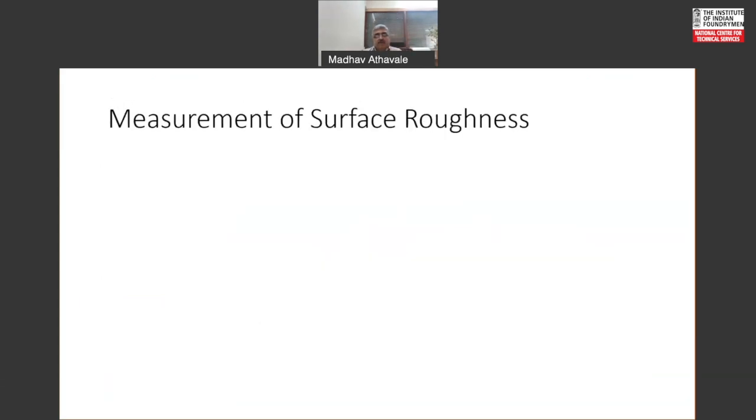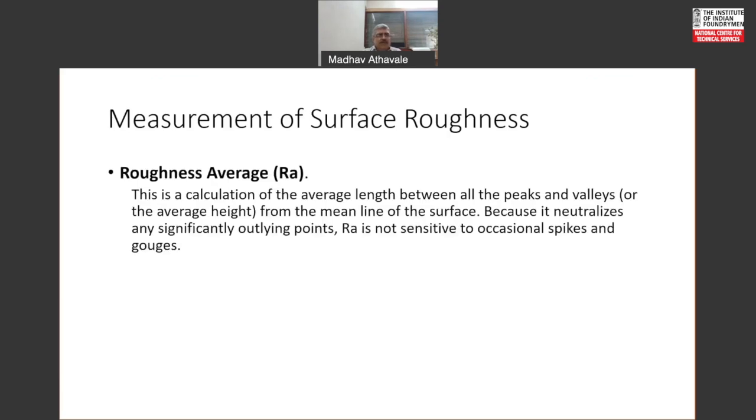Now, having looked at examples which tell us why, for aesthetic reasons, surface finish is good, I'm sure you would have many more examples like this. How do we go about measuring the surface roughness? The two most common are average roughness, which is a calculation of the average length between all the peaks and valleys from the mean line of the surface.